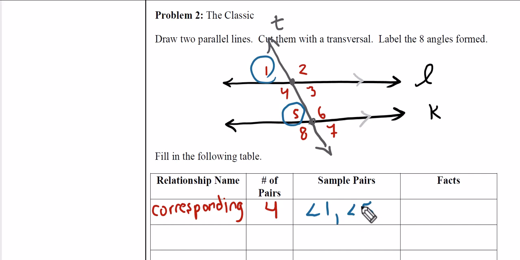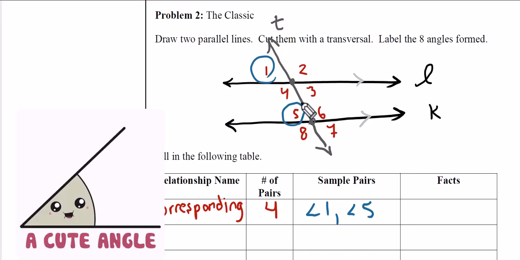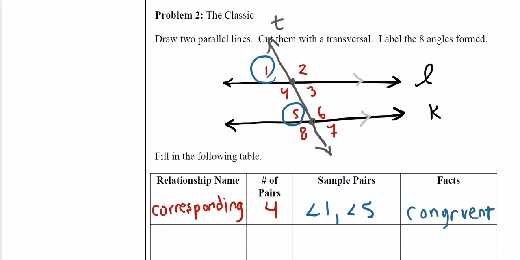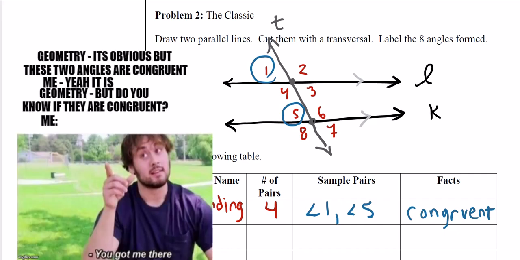That's one pair. Note that from our appearance of it, angle 1 seems to be an acute angle, and angle 5 also seems to be an acute angle. That would mean that these are congruent or equal to each other. So any pairs of corresponding angles, each of those angles are congruent to each other.